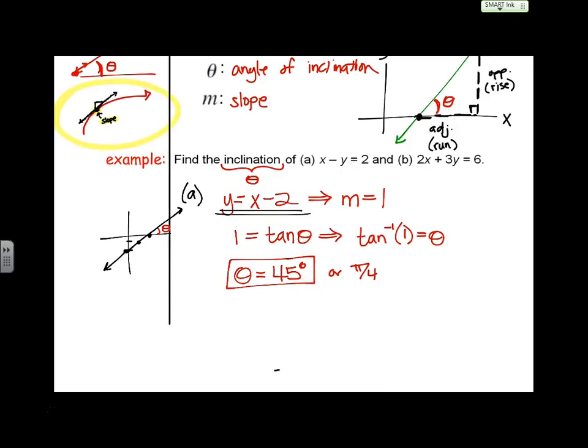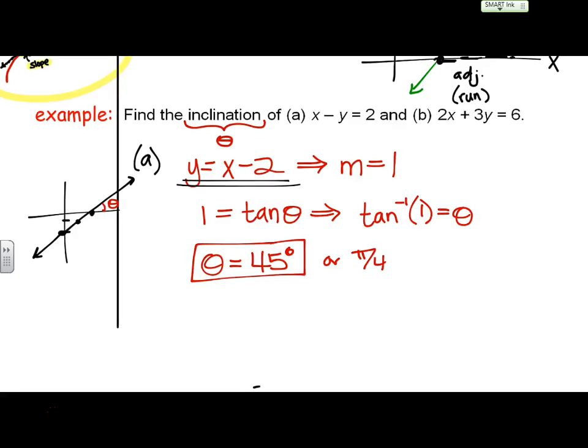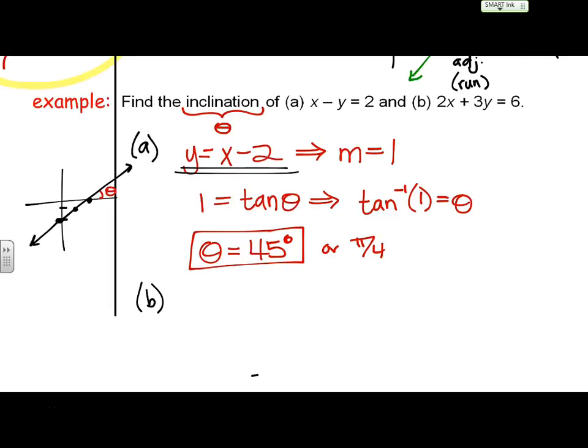Okay, that was only letter A. How do we do letter B? Same deal. How quick can you guys go? Solve for y. What do you guys think? Cool. What do we know from that? M equals who?